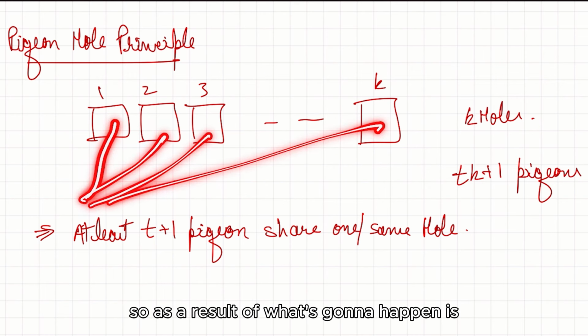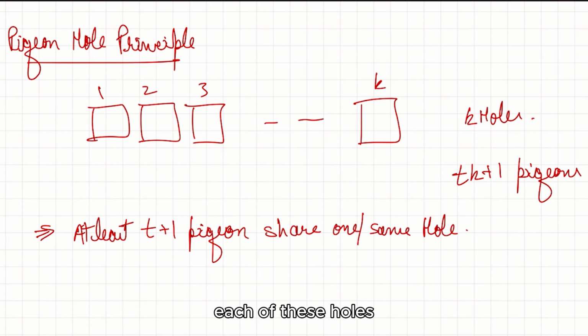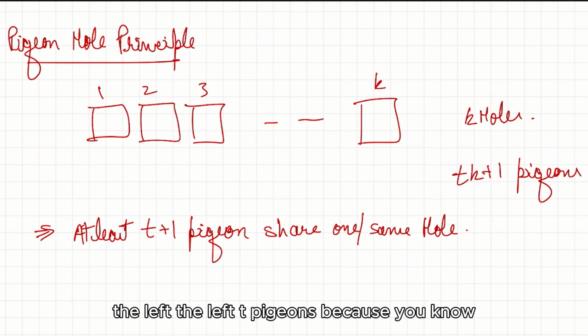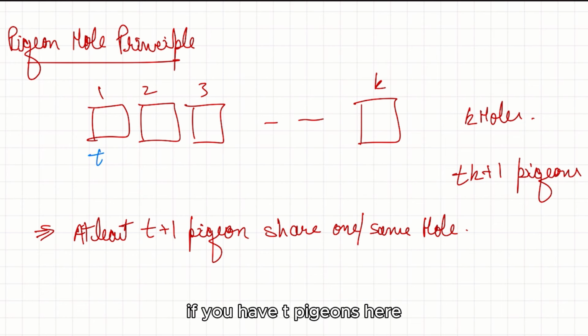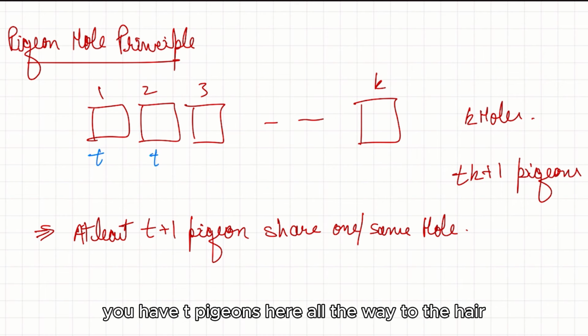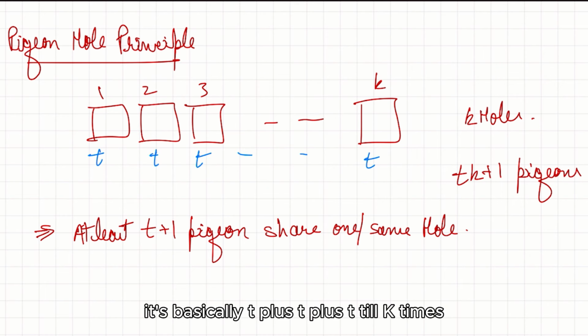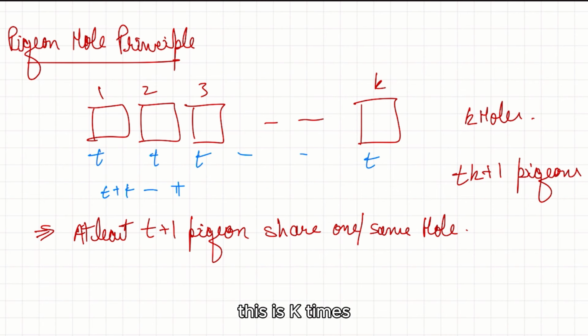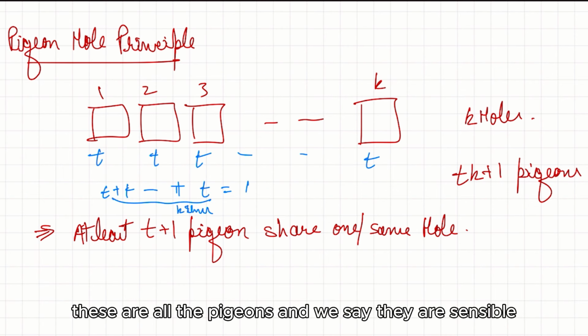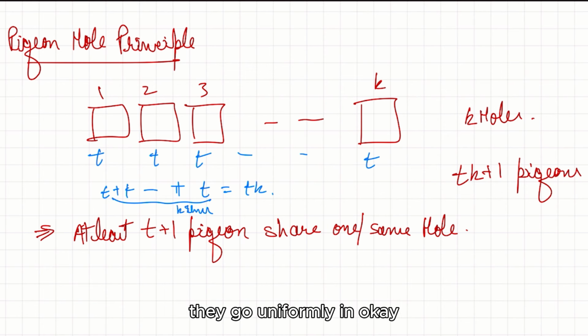As a result, each of these holes will have t pigeons, because if you have t pigeons here, t pigeons here, all the way till here, then if you sum it up, it's t plus t plus t, k times, and you have tk. These are all the pigeons, and we say they're sensible, they go in uniformly.